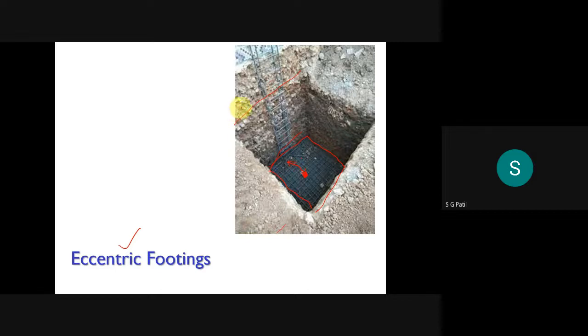Whatever you want to do should be done in your own site itself. If you put a concentric footing, half of the foundation would have to be placed in the other site, which is not possible. In those circumstances these eccentric footings will come.